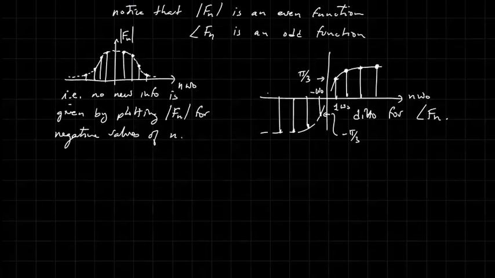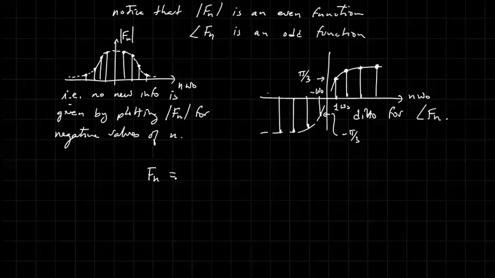We can show this by looking at the integral that computes these coefficients. F(n) is 1 over T, the integral over a period of f(t) e to the minus j n omega naught t dt.